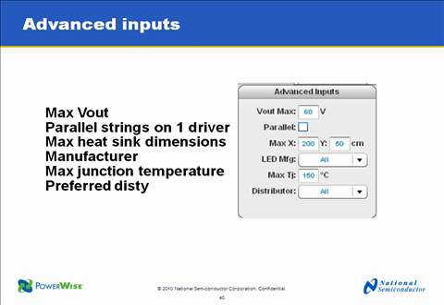It gives you the ability to specify the maximum dimensions of your heatsink, specific LED manufacturers, and the maximum junction temperature that you'd want to go to. By default, that goes to the maximum allowed by the manufacturer for the LED. But if you wanted to increase the lifetime, for example, by lowering the junction temperature, you can do that here. Now that's going to get you probably into a bigger heat sink, and so again, there's costs that you have to pay.